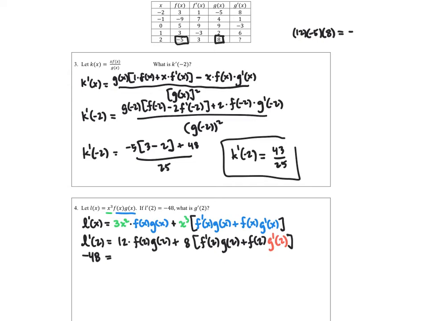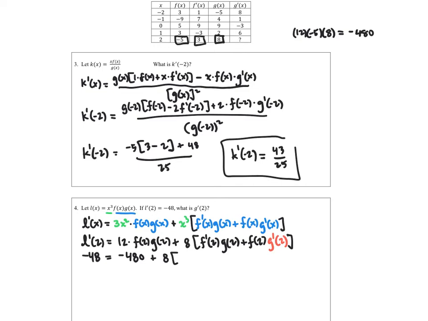Well, it's going to be a negative number. And what I'm going to get is 40 times 12, which would be 480. So I'm going to get -480.